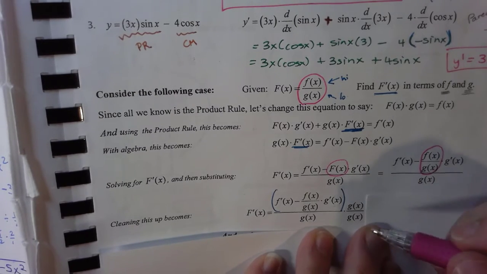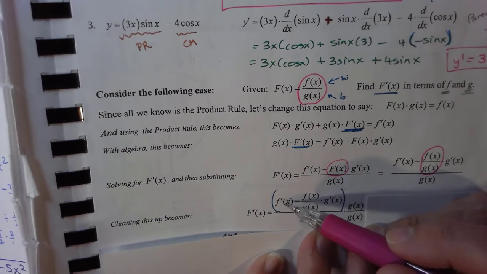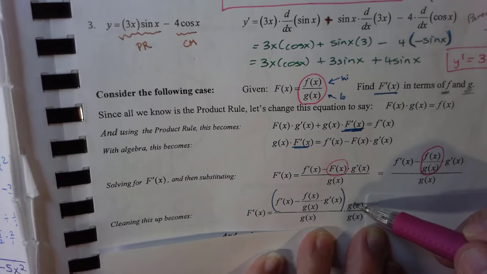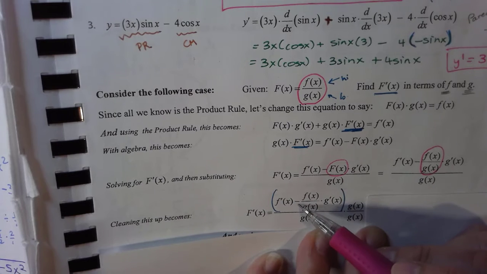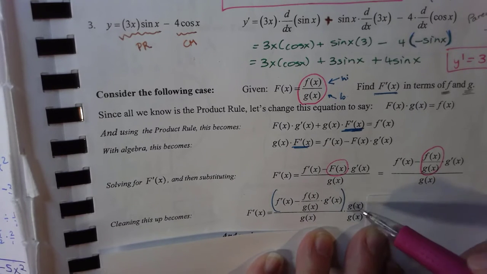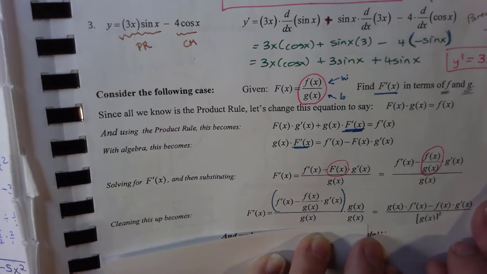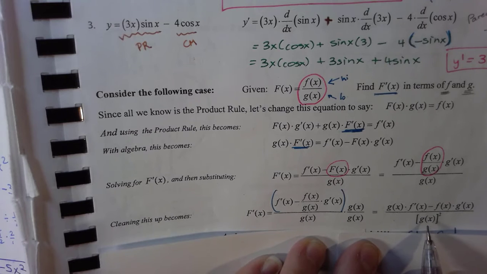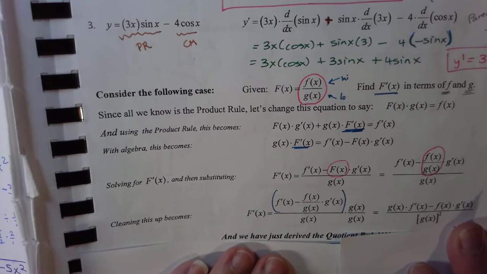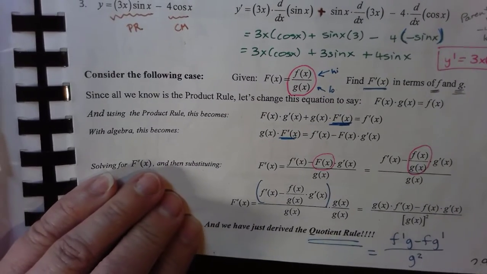If we multiply by g of x, distribute g of x across the numerator, I get f prime of x times g of x minus, and when I distribute g of x across this, the g of x's cancel. But look what happens on bottom. I have g of x times g of x, which is g of x squared. And we have actually just derived the quotient rule.